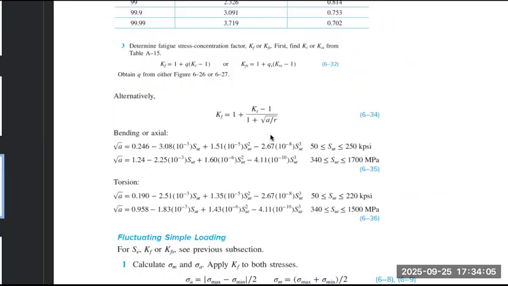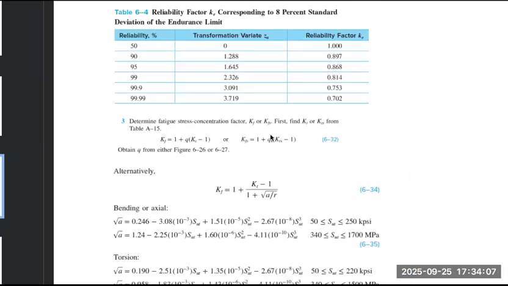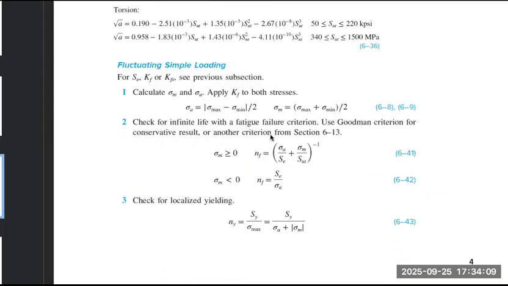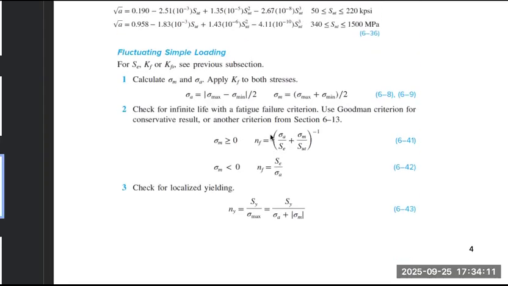So kf in this case is equal to 1, I believe. So that's why we simply apply sigma A equals sigma max minus sigma min over 2, and sigma m equals sigma max plus sigma min divided by 2.